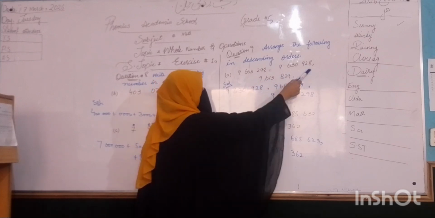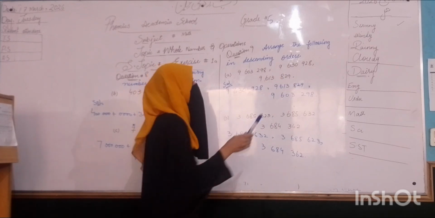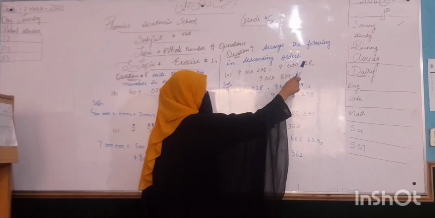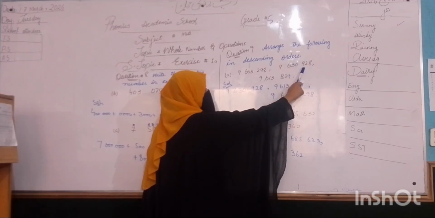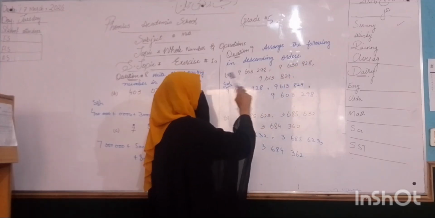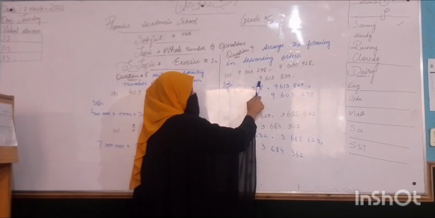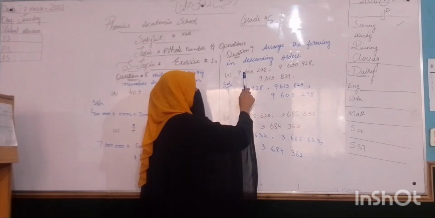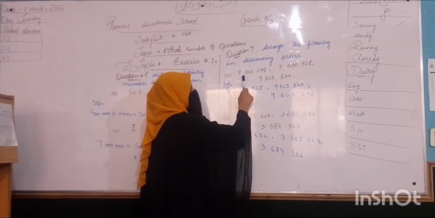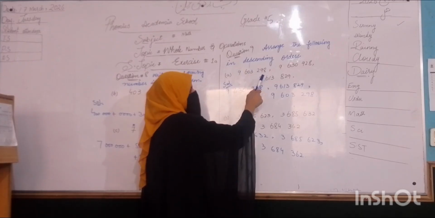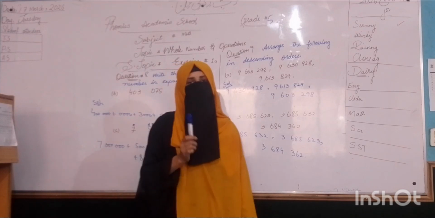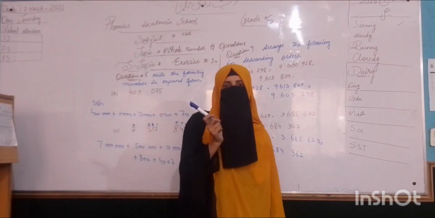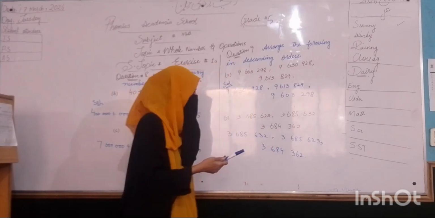Of all of these, the greatest value is 9,600,000 30,928. Next is 9,600,000 13,829. And the last term is 9,600,000 3,298. So when you arrange in order, you go from greatest to smallest, बड़े से छोटे की तरफ. Next.